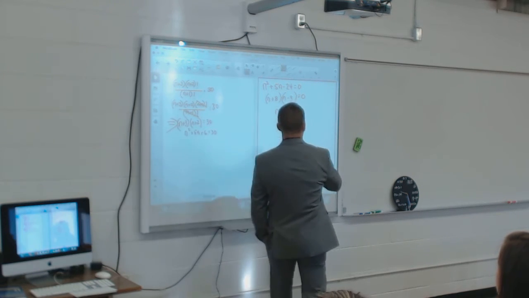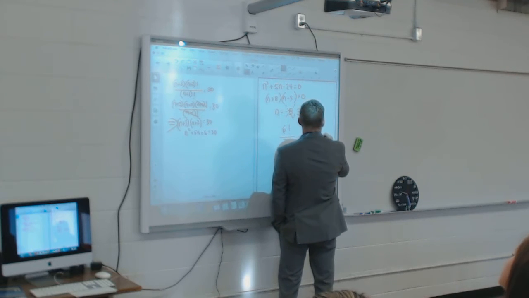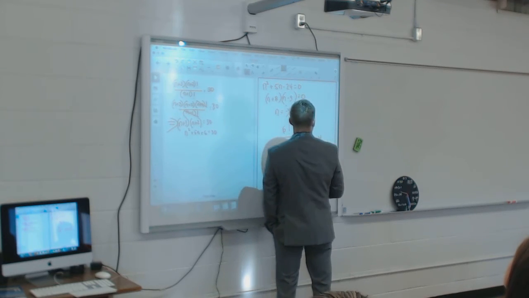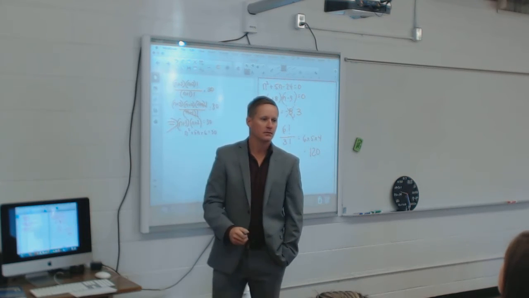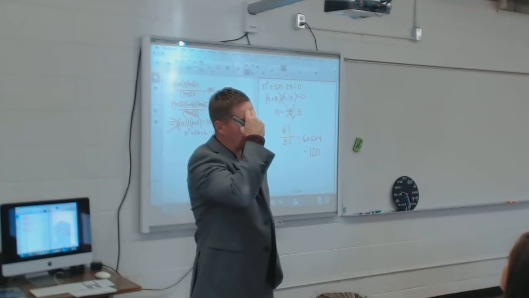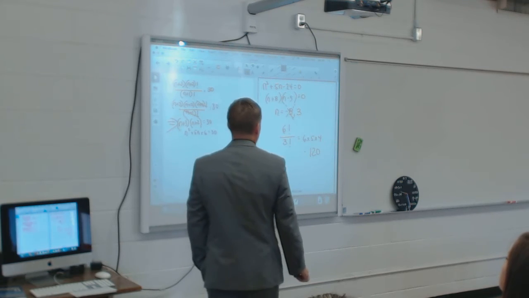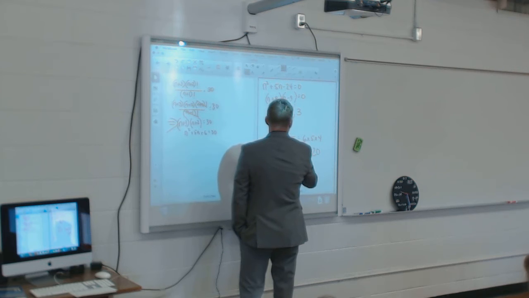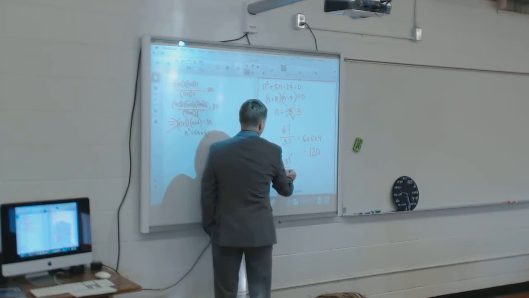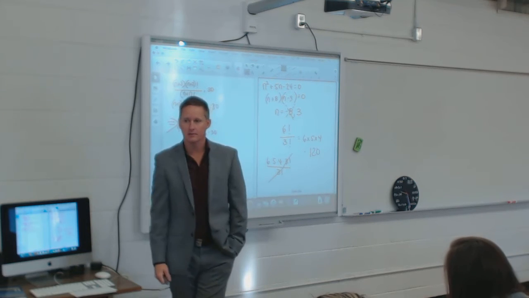Very good. 6 times 5 times 4, which is equal to 120. Because when you expand it out, 6, 5, 4, 3 factorial, there's 3 factorial on the bottom, those cancel.